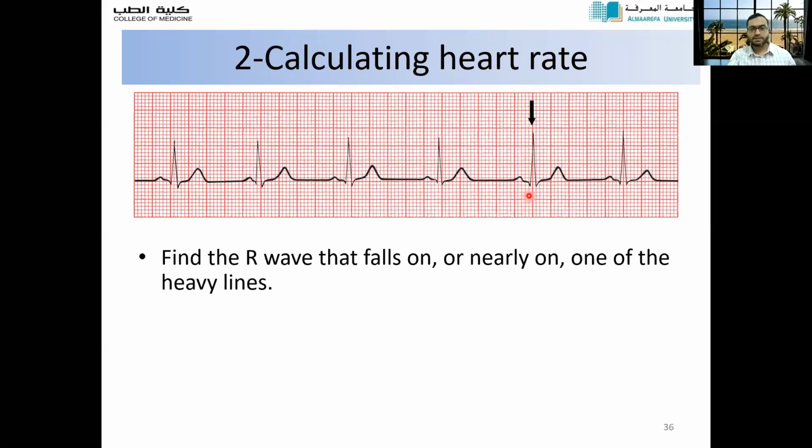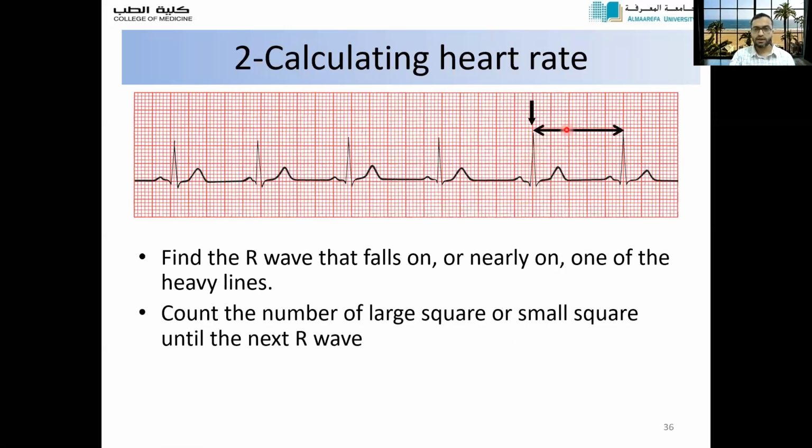But this is not compulsory. If you get one R wave on the darker line, it becomes easy for you to count the squares. So first mark the R wave which falls on the darker line and count the distance to the next R wave.